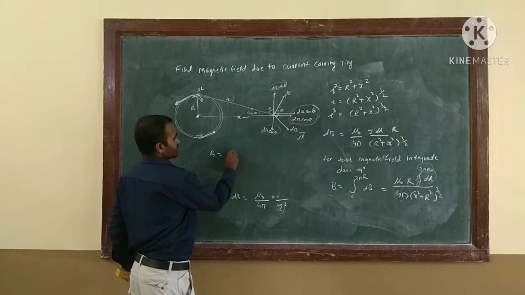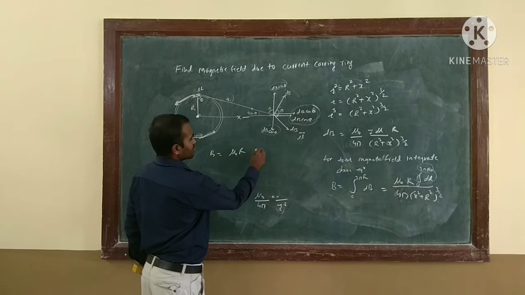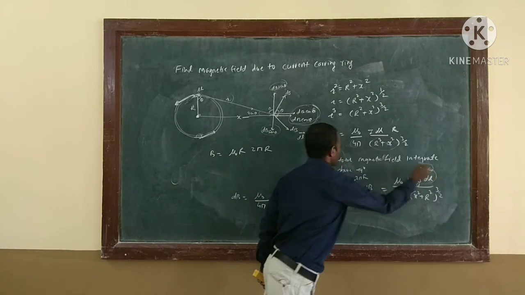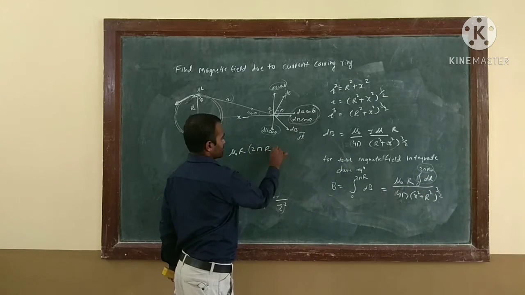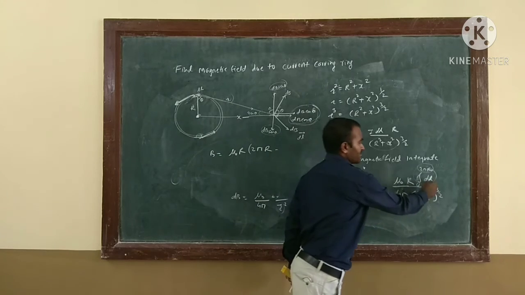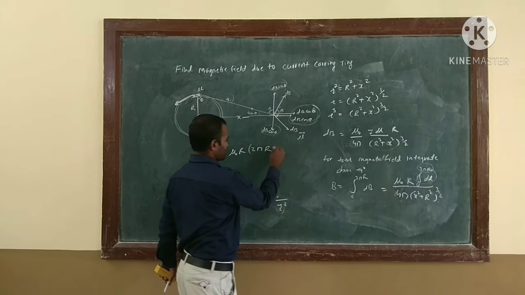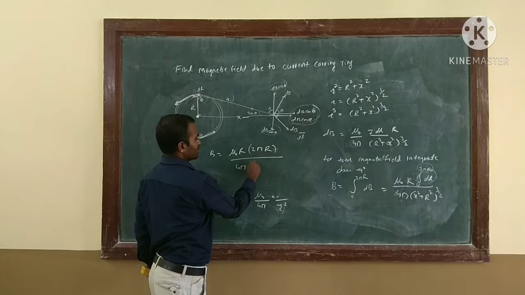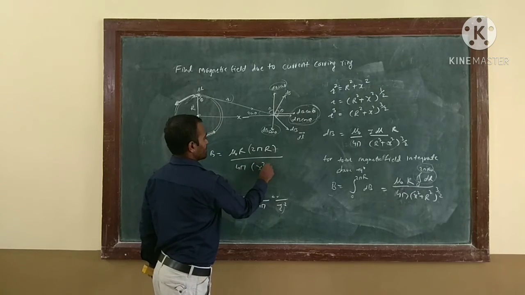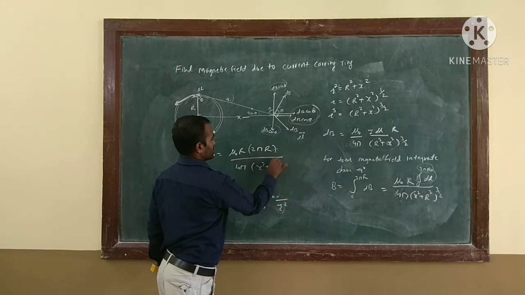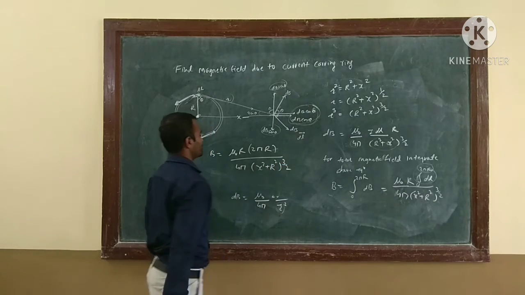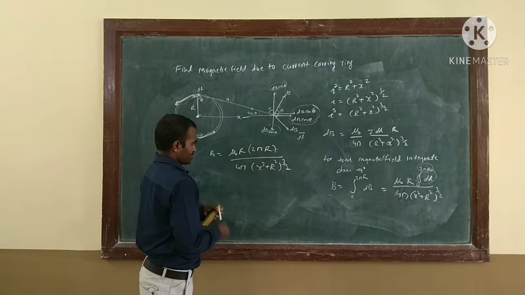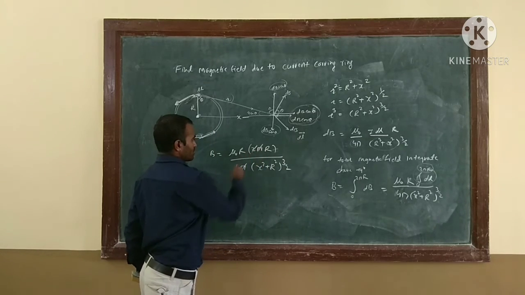So B is equal to mu 0 I R, and in place of the integration of dl I substitute the limit 2 pi r minus 0, so I can write 2 pi r here, and at the bottom 4 pi, R square plus x square whole raised to 3 by 2. Here pi will be cancelled out, and 2 will be cancelled out.